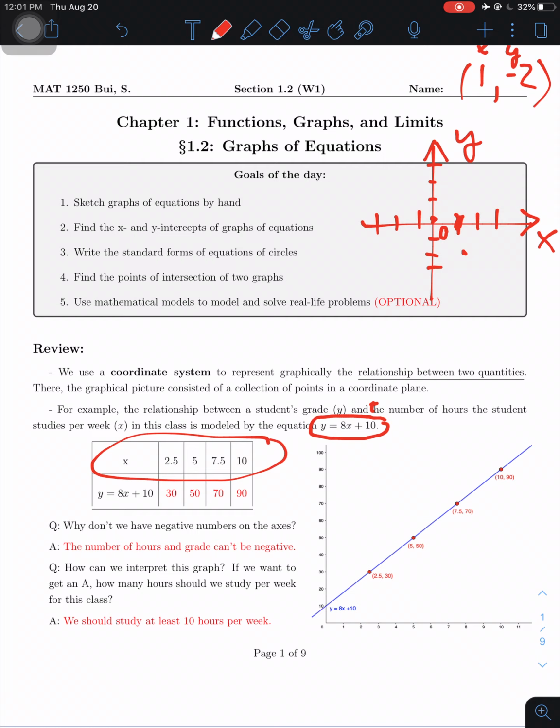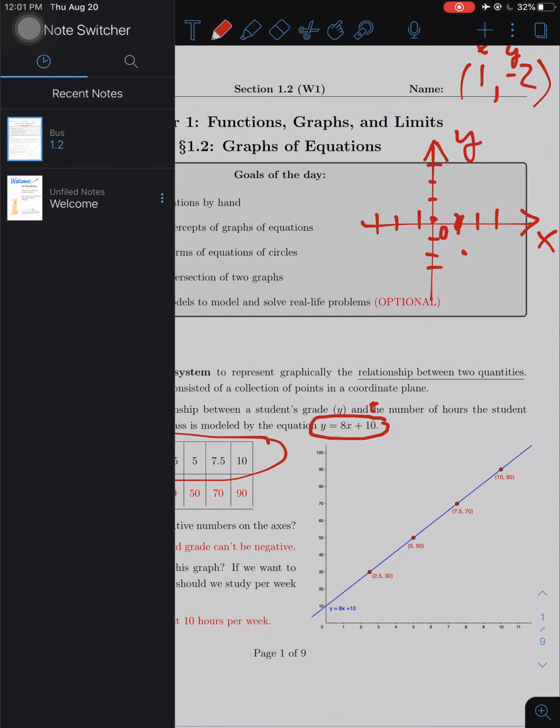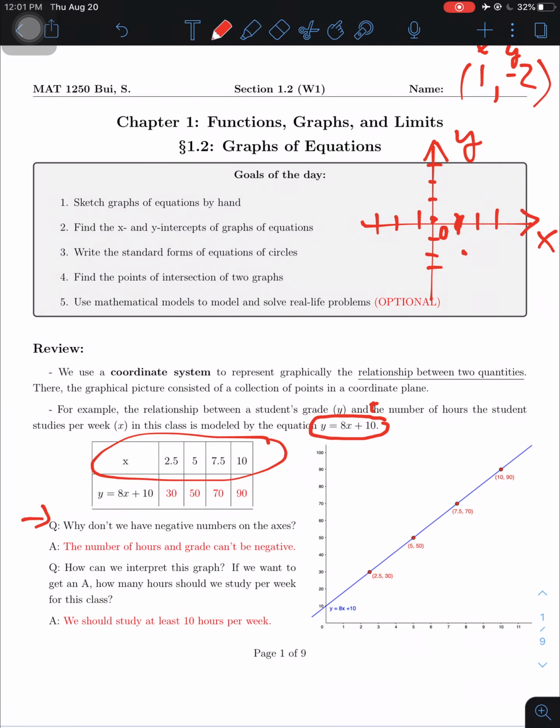You can choose something like 100, 200, 0, or 8, or even a fraction like 1/3, or any number for x that you want to. But notice that I didn't choose any negative number, right? And that will be one of the questions that I'm going to talk about in the next second. This question right here, why we're not going to have negative numbers.